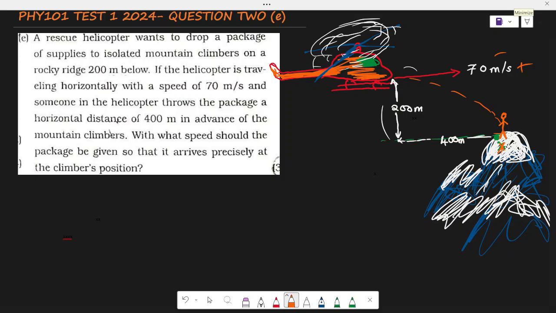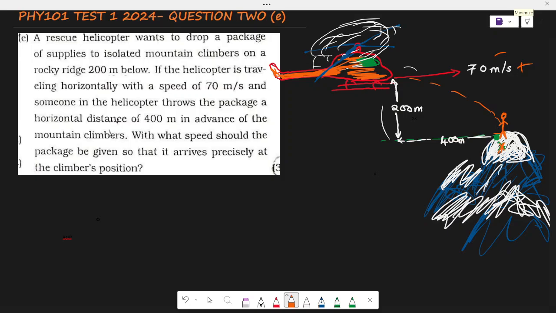That would be very helpful. We can't use the horizontal components when solving this question, mainly because we don't know whether we are adding to this speed or subtracting, as I explained.